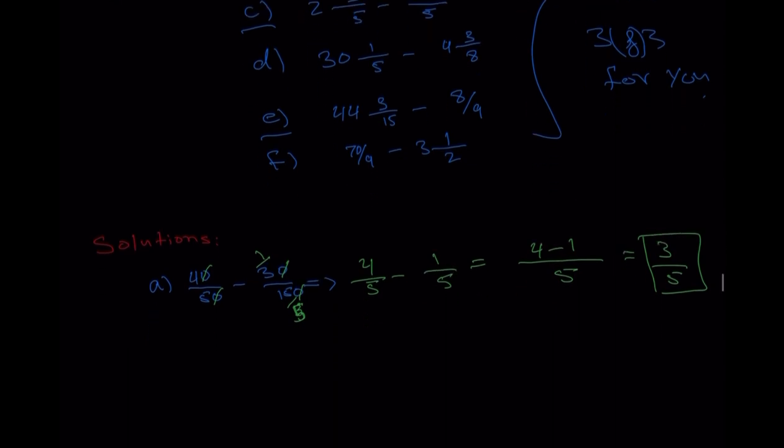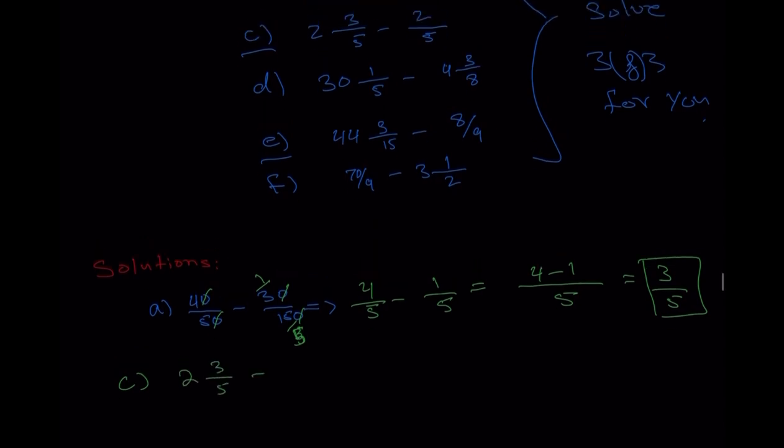Now let's do C. It's 2 whole number, 3 over 5, minus 2 over 5. Simplify the first fraction. 2 times 5 is 10, 10 and 3 will be 13 over 5 minus 2 over 5.